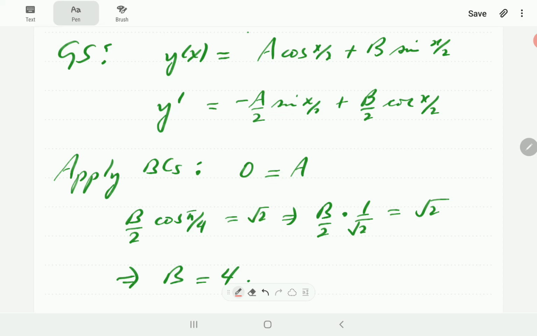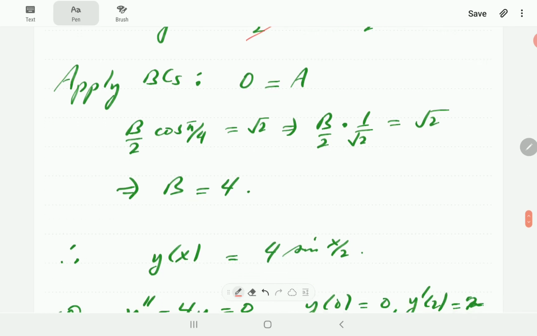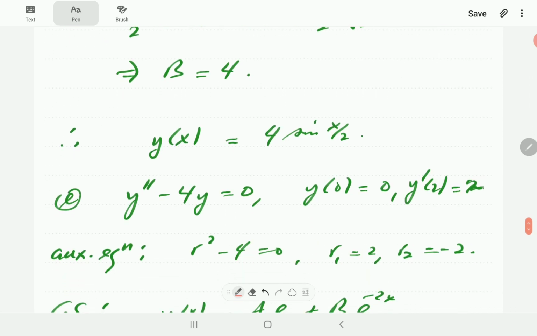Remember, A is already 0, so this term is out of consideration now. Then when x is pi on 2, it's going to be cosine pi on 4. Then cosine pi on 4 is 1 on root 2, which means that B is going to be 4. So our particular solution is going to be 4 sine x on 2.